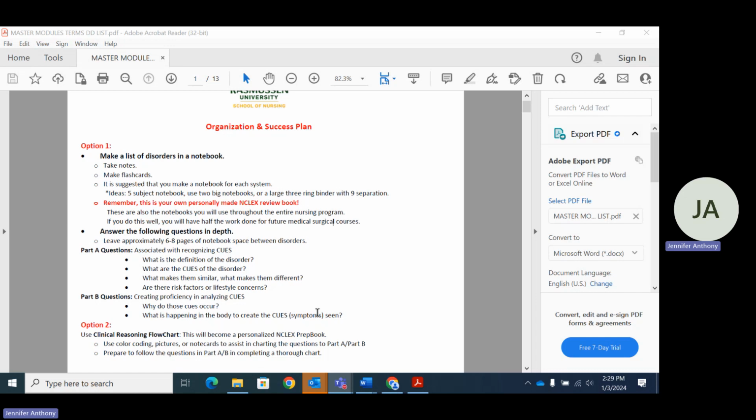Because as I went through and I created all of these modules and all of the different topics, there's a topic where there's genitourinary, and there's a whole section on incontinence. But if they fill out the form appropriately and it's stress incontinence and here's what you see and here's why you see it, and functional incontinence and here's what you see and here's why you see it, there's not really a lot of variation, and it's not really that difficult to understand versus some of the other disorders where now you have hypertension or CHF.